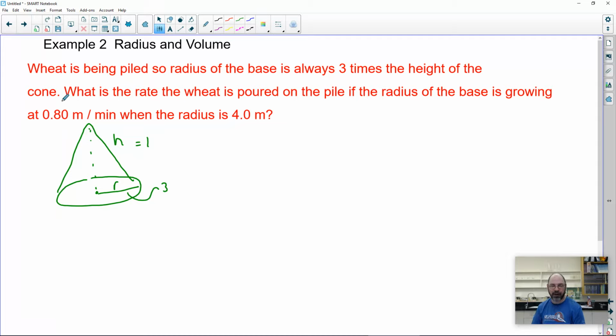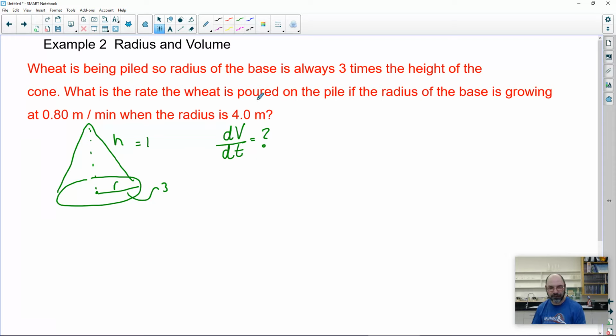Okay, so now let's go ahead and write in what else we know. It says, what is the rate the wheat is being poured on? So we want dV/dt. We don't know what that is this time.